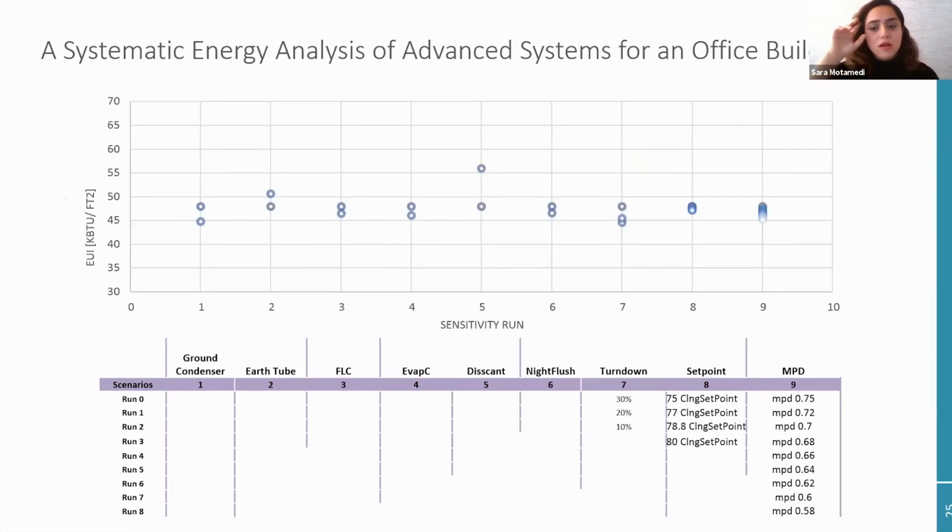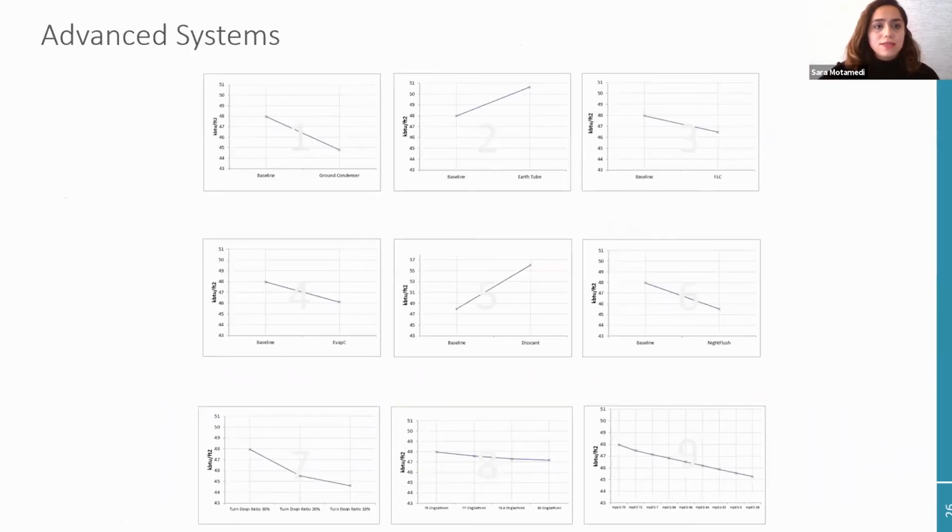So this is the result I'm showing here. We can see that if you have a ground condenser, that's useful here, but if you have an earth tube, not that much. Desiccant doesn't really help. Night flush, if you have some sort of natural ventilation and flushing, seems helpful in San Francisco, where the weather is good, so you can definitely do that.